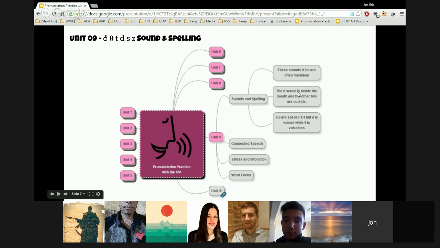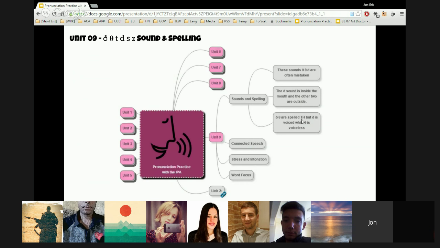The D sound is inside the mouth, and the other two are outside the mouth. That's what we're going to start with. So they're not even in actually the same position. The th and th are spelled with a th. Even though they're pronounced differently, they're spelled the same. But th is voiced while th is voiceless.